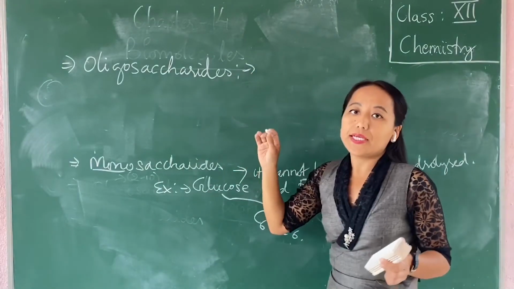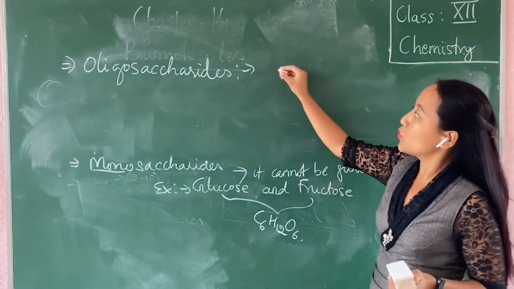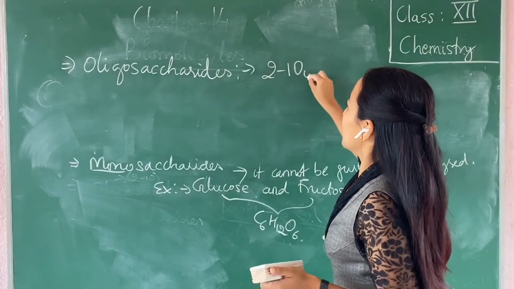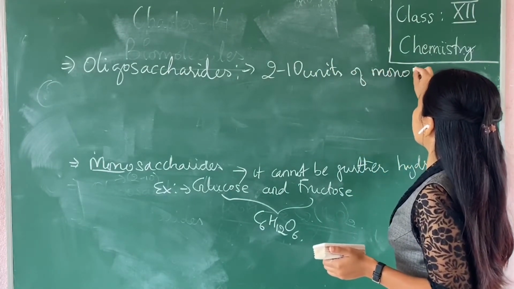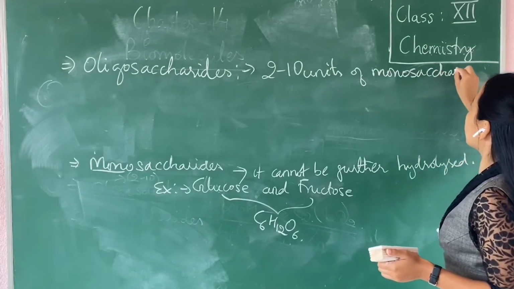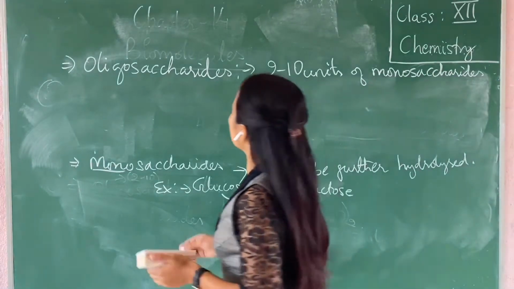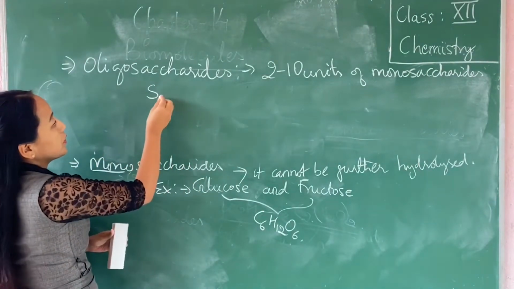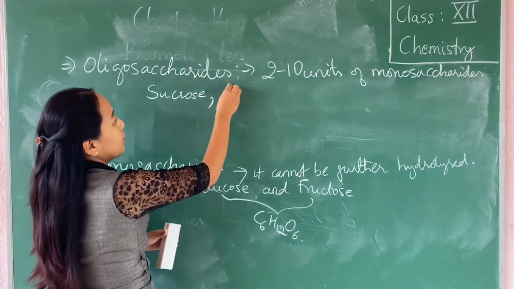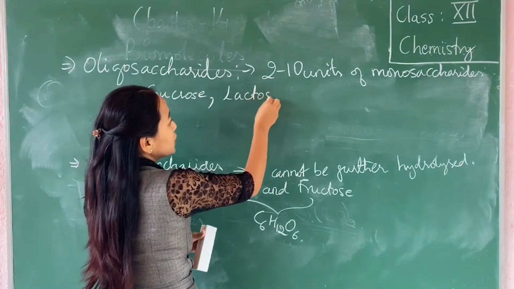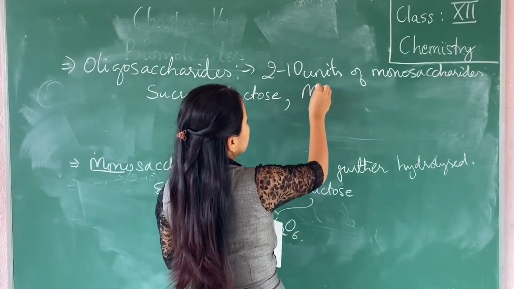Now oligosaccharides are the carbohydrates which on hydrolysis give 2 to 10 units of monosaccharides. Examples for this are sucrose, the table sugar that we use, and then you have lactose, the sugar which is present in milk, and then there is maltose.